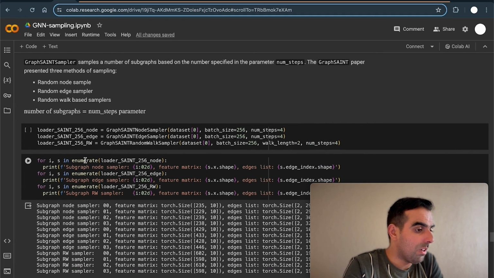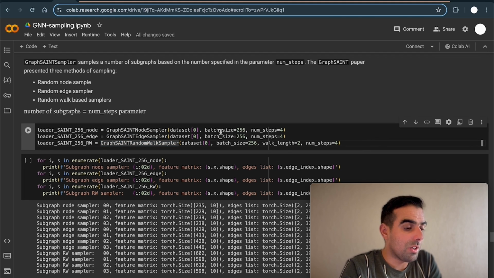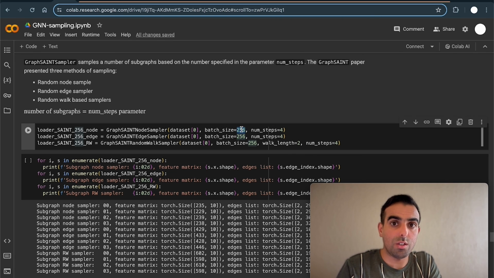Here I've used the node sampler, the edge sampler, and the random walk sampler with the batch size equal to 256. This won't get you exactly 256 nodes from the graph; it is the approximate number of nodes that you might get. For the number of steps, I'm asking for 4 subgraphs for each of these loaders.